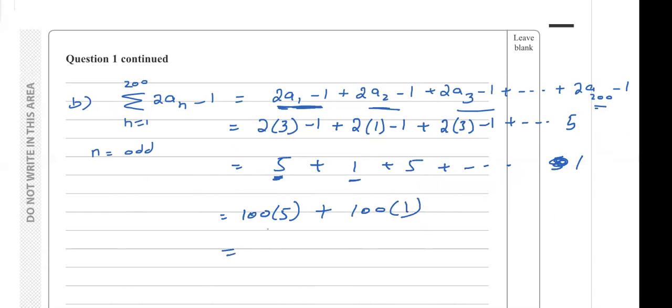That sum becomes 500 plus 100, so the total is 600. That's our final answer for this one. Pretty simple, not difficult, but you just have to follow the given pattern.